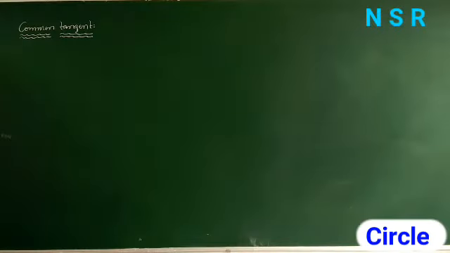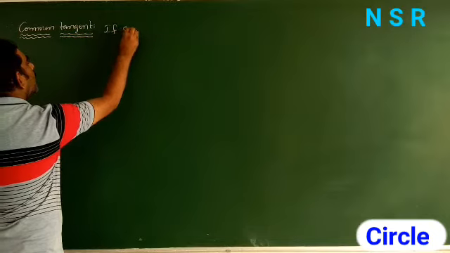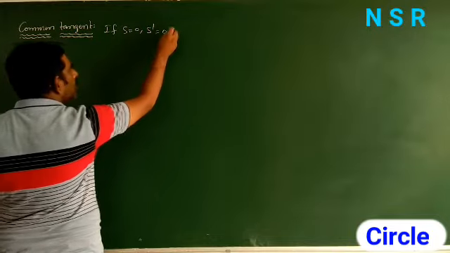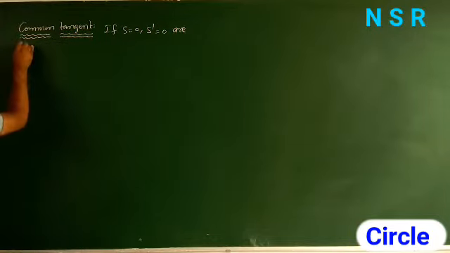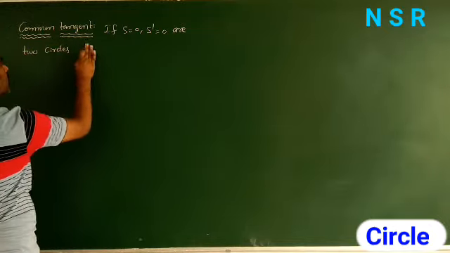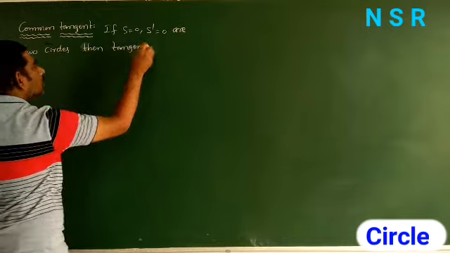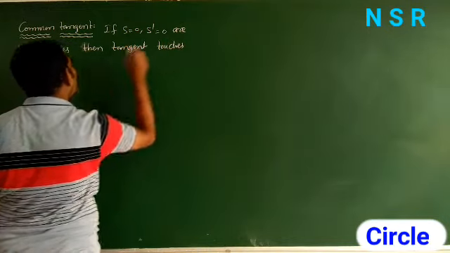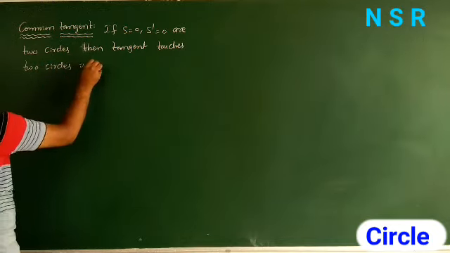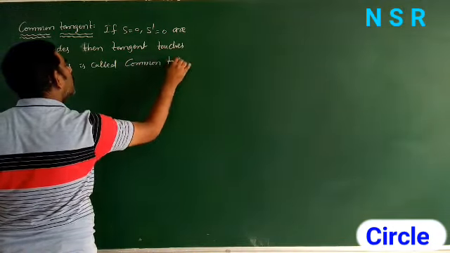Next one, common tangent. If S = 0 and S' = 0 are two circles, then a tangent that touches both circles is called a common tangent.